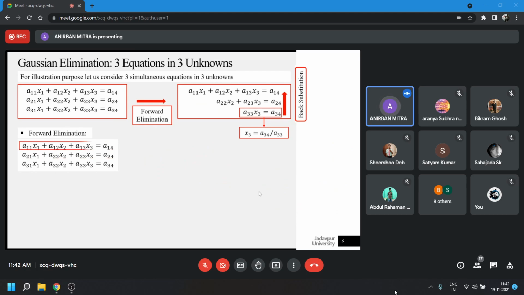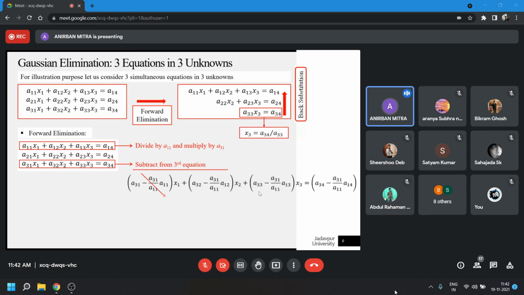Similarly, we can eliminate x1 from the third equation as well. What we'll do here, we'll divide the first equation by a11 and multiply it by a31. So here the multiplier changes. Now the multiplier is a31 by a11. So that is the multiplier.